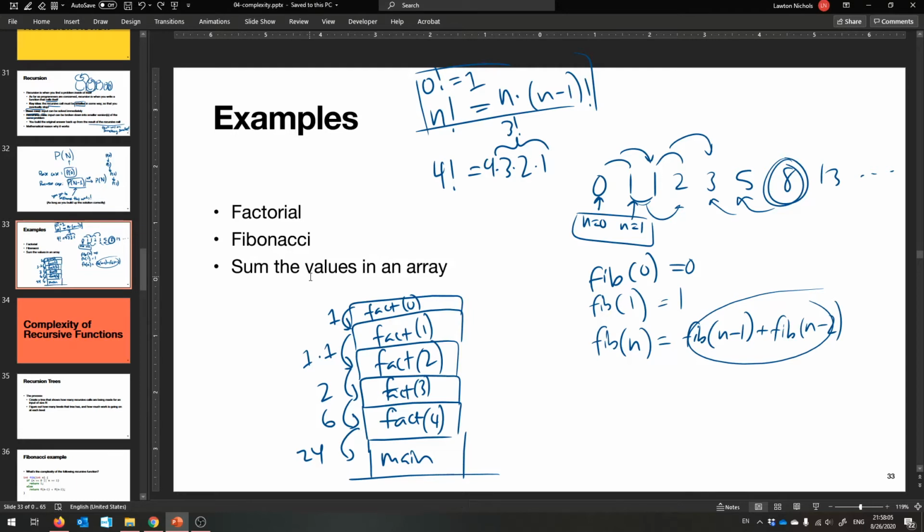And then finally, let's sum the values in an array. And this is a bit different. So let's pretend I had my array. Here it is, ARR. I don't know, index 0, 1, 2, 3, 4. Maybe it held 1, 2, 3, 4, and 5. And I wanted to sum this. Can you find me this problem inside of itself?